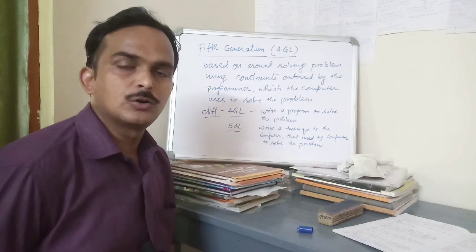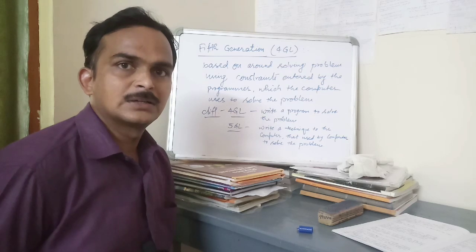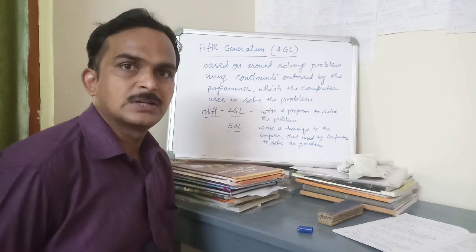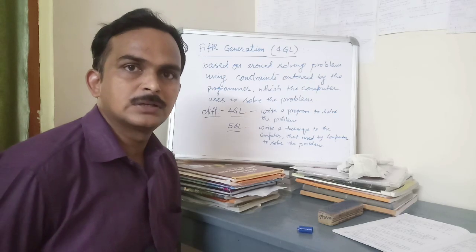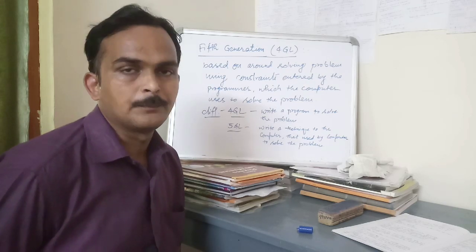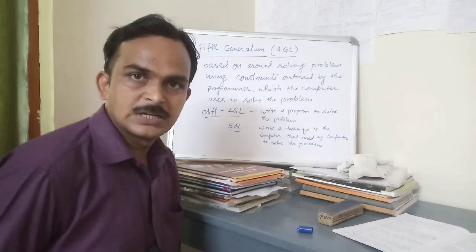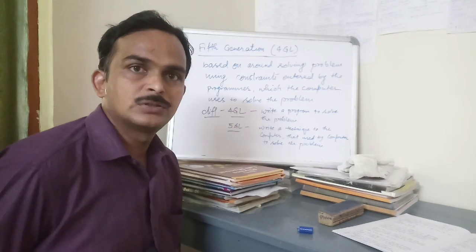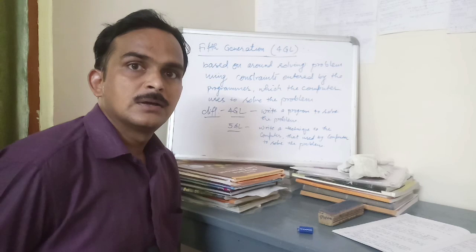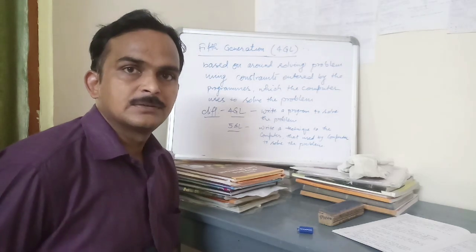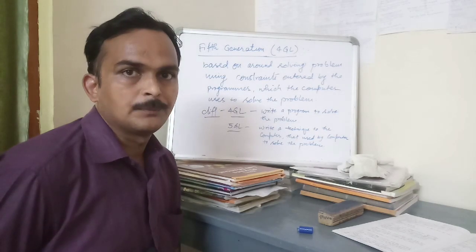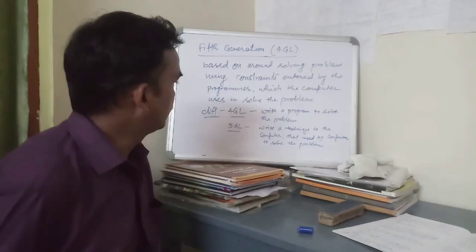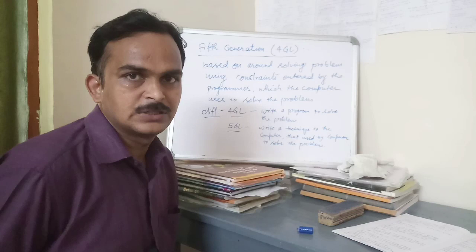All this will be done automatically by the computer, and we just have to use some constraint-based techniques that the computer will use to solve the problem. But in fourth generation language, we have to think about the algorithms and make a complete logic to solve the problem. So that is the main difference between fourth generation language and fifth generation language.